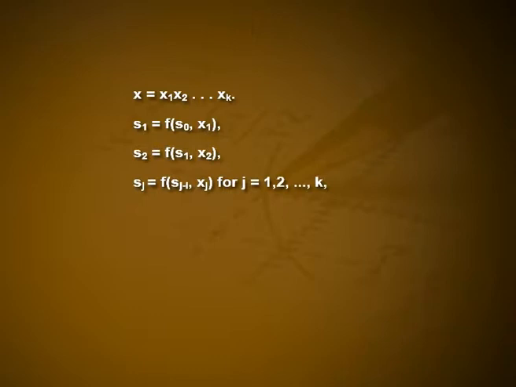Then reading this input takes the machine from the state s0 to state s1, where s1 = f(s0, x1), then to state s2, where s2 = f(s1, x2), and so on, with sj = f(sj-1, xj) for j = 1, 2, 3, ..., k, ending at the state sk = f(sk-1, xk).